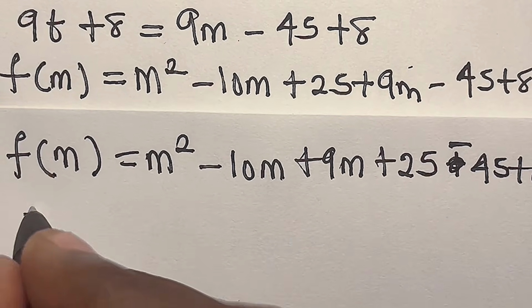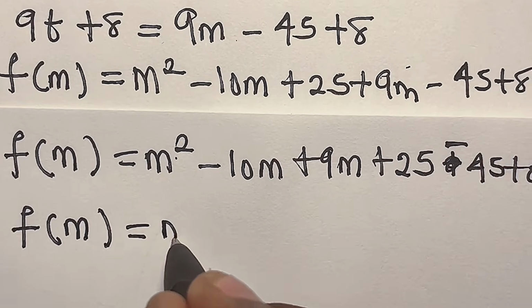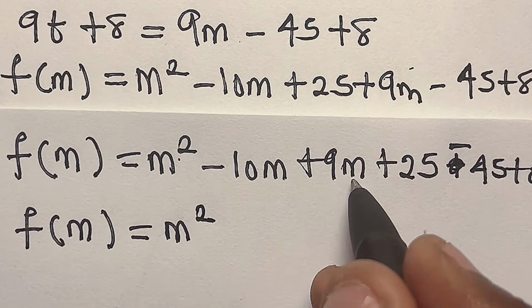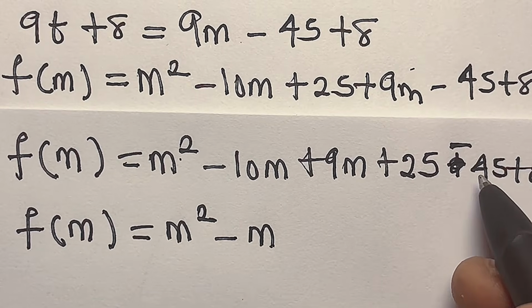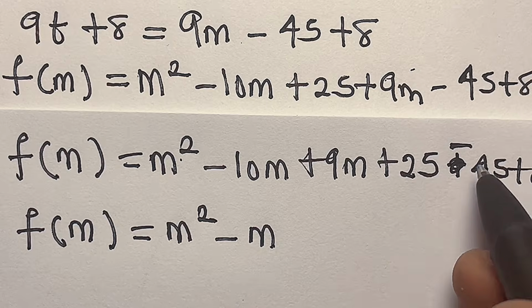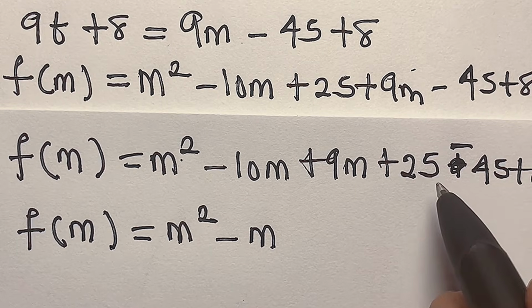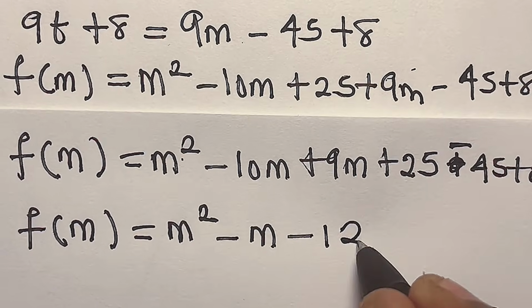So looking at this here, we have f of m equals m squared, minus 10m plus 9m, so we have minus m, 25 minus 45, so we have minus 20, then minus 20 plus 8. So we have minus 12, right?